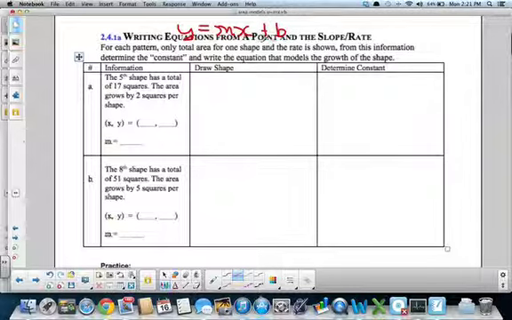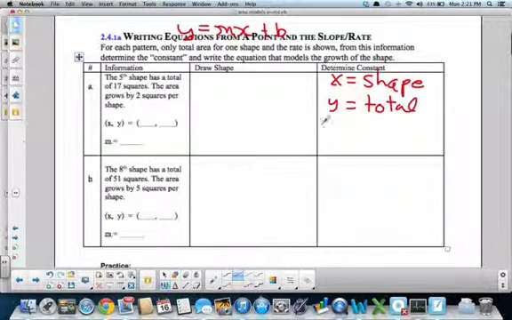So what we have to remember in this case is that x represents our shape number and y represents the total number of blocks. M is the slope or rate, which in fact is the height of the rectangle.